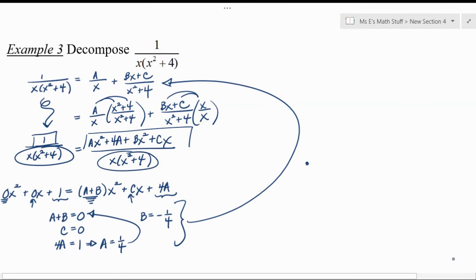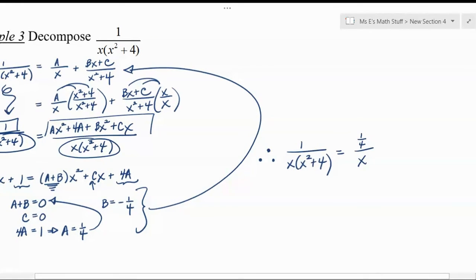So our conclusion would be that 1 over x times the quantity x squared plus 4 would equal 1/4 over x plus, I guess, negative 1/4 x plus 0 over x squared plus 4.